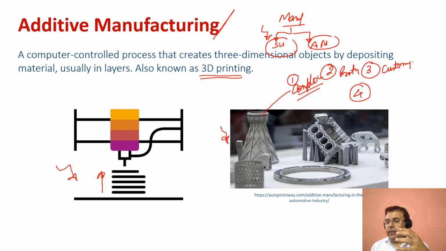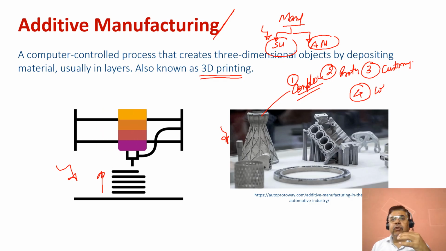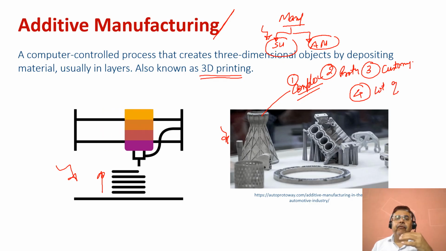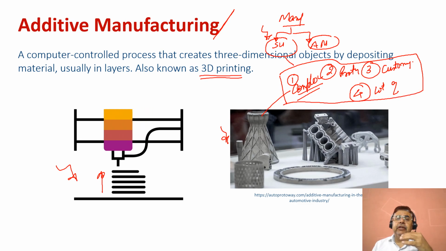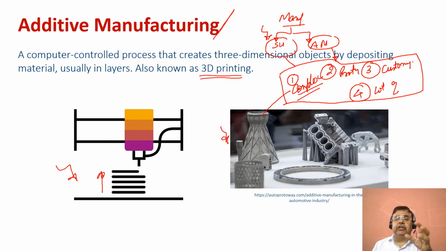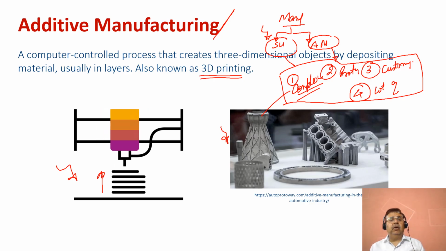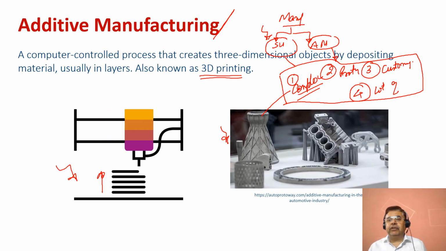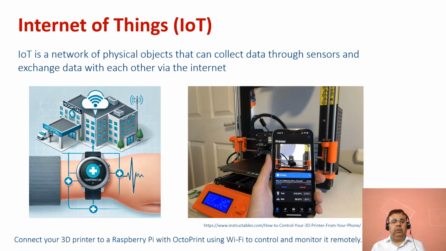So when we are looking for material or weight efficiency, then also we can go for 3D printing. But in general, whenever you are deciding whether to go for additive manufacturing or subtractive manufacturing, you must take into account these four criteria.